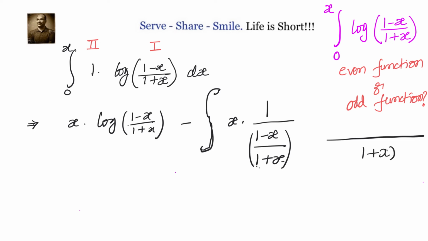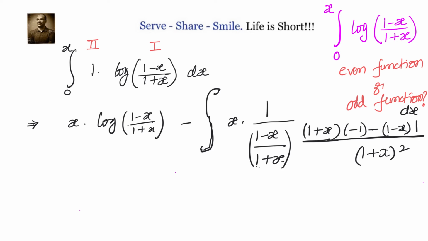Then v into u dash, that is (1 plus x) into minus 1, minus u into v dash, that is minus of (1 minus x) into 1, dx.